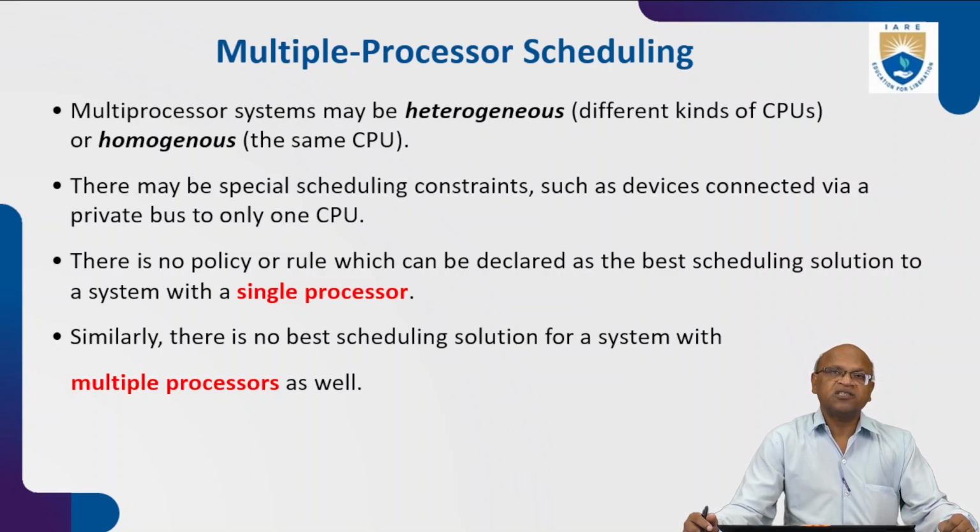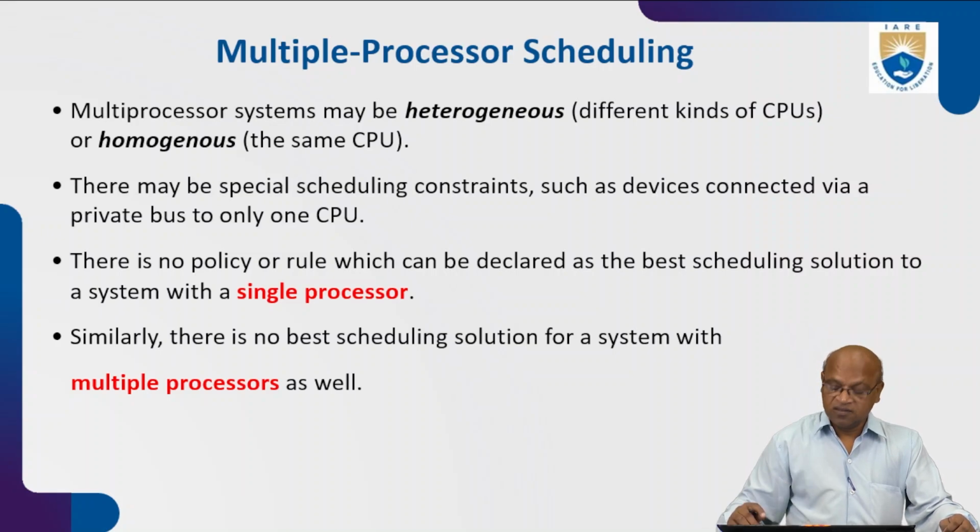There may be special scheduling constraints, such as devices connected via a private bus or to only one CPU. There is no policy or rule which can be declared the best scheduling solution for a system with a single processor. Similarly, there is no best scheduling solution for a system with multiprocessors as well.